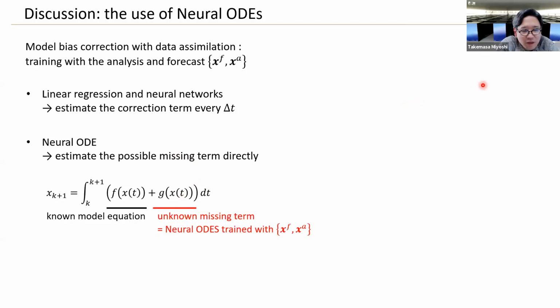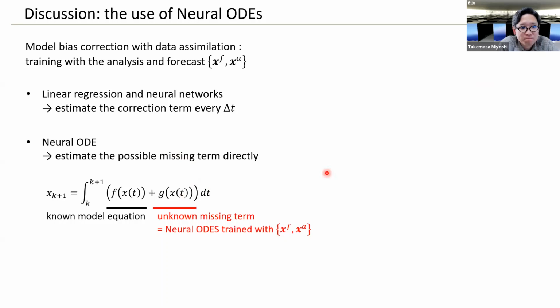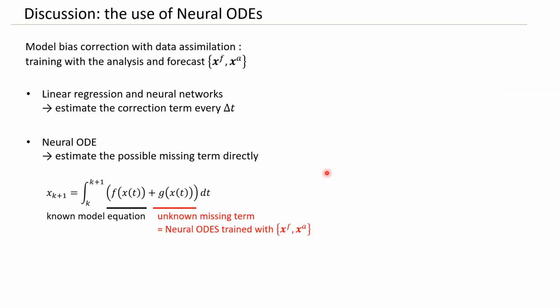So, are there any comments or suggestions, questions? I may have one question. Yes. So you plan to learn a correction of the bias to the model using a neural ODE operator. Due to the fact that in the context of data assimilation, the observation is often partial, is it something challenging?